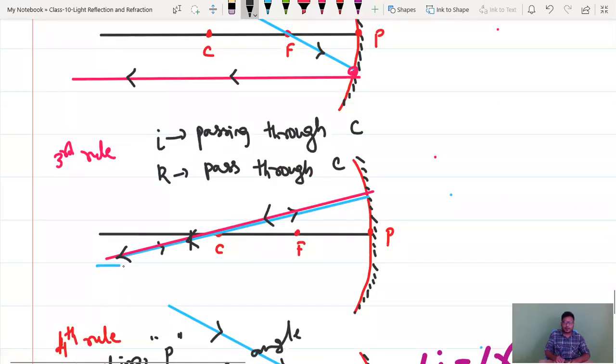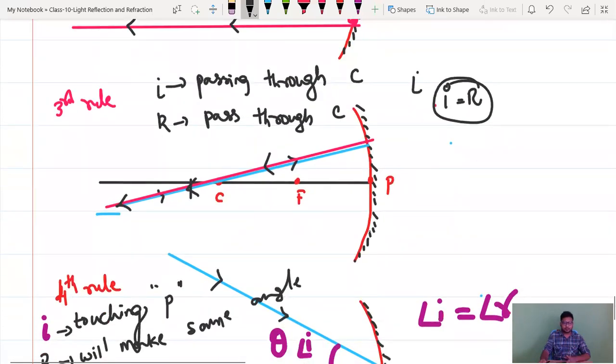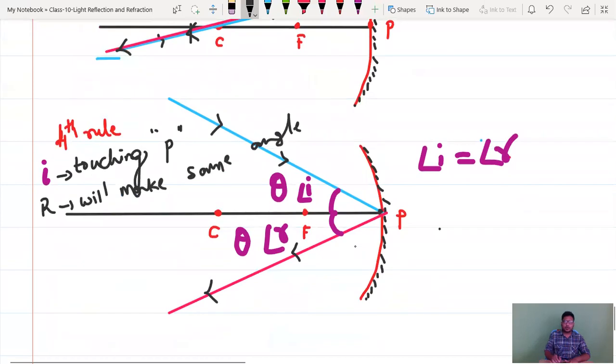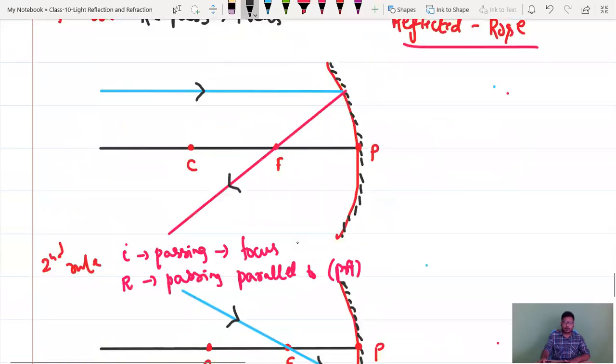Rule number 3, if an incident ray is passing through C, the reflected ray also will pass through C. So incident ray equals reflected ray. Next, fourth rule, if an incident ray is touching pole P with some angle theta, the reflected ray also will make the same angle theta. These are the 4 rules.